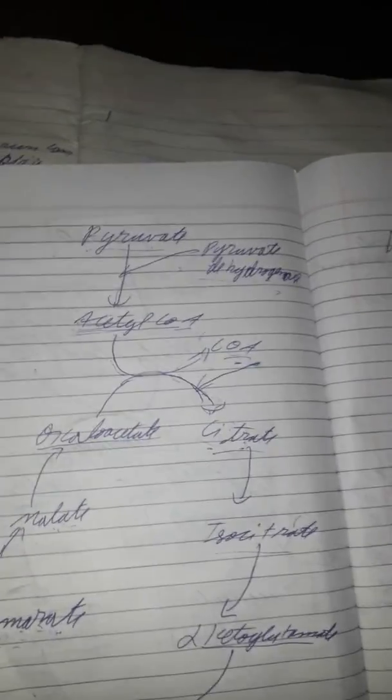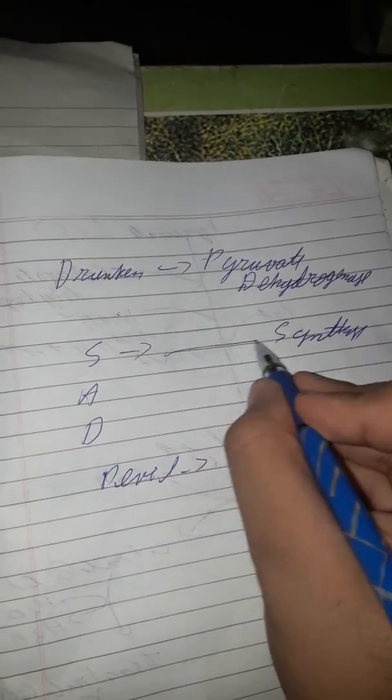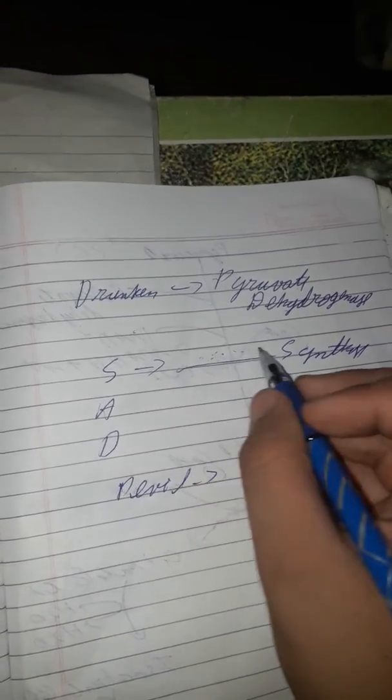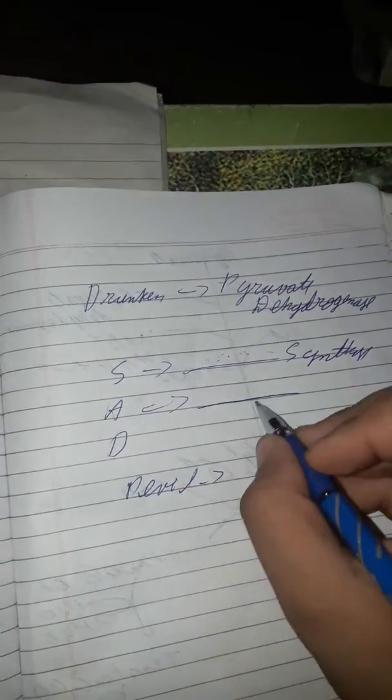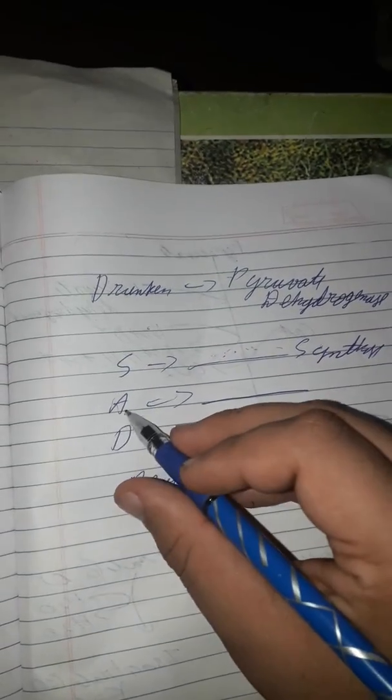Okay, next thing is drunken sad devil. Next one is the synthase enzyme here. Synthase. Why am I leaving space here? I am leaving space because I have to write the intermediate name here, the intermediate related to that enzyme. Here I don't give space.